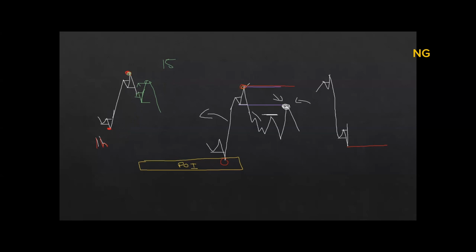So if this high right here was a broke structure, it created a new range right here. That's a new range inside of this other range. So from A to B is inside of A and B. You see that?